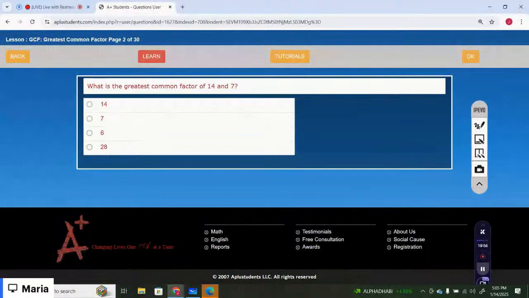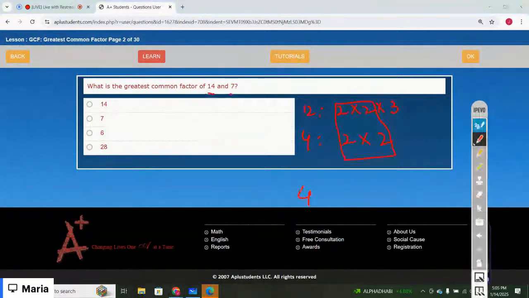What is the greatest common factor of 14 and 7? The prime factors for 14 are 2 times 7 and the prime factors of 7 are 1 times 7.